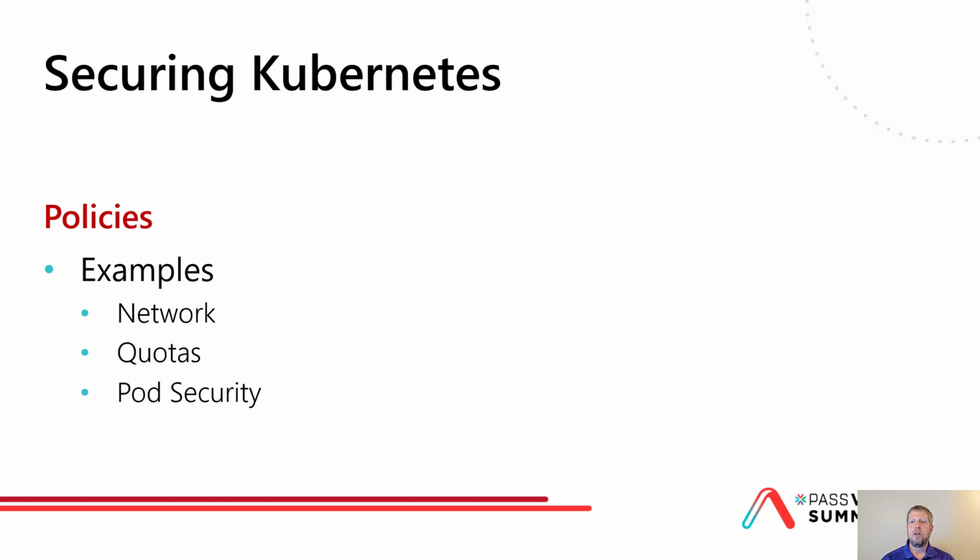Then there are resource quotas. You want to limit resource consumption per namespace. This could be the quantity of objects that are allowed, the total amount of CPU or memory that could be consumed by a given pod or a given resource, and so on.